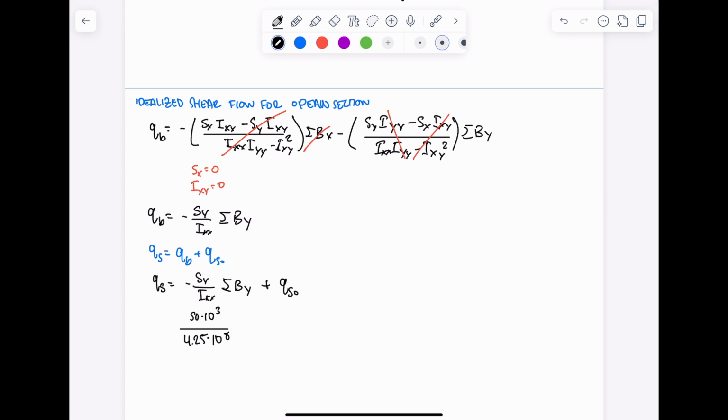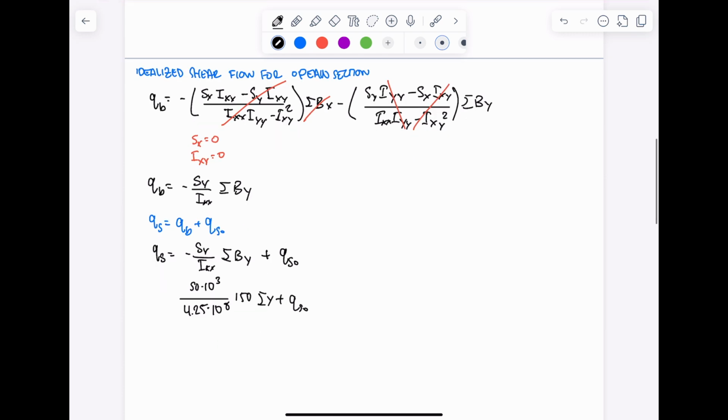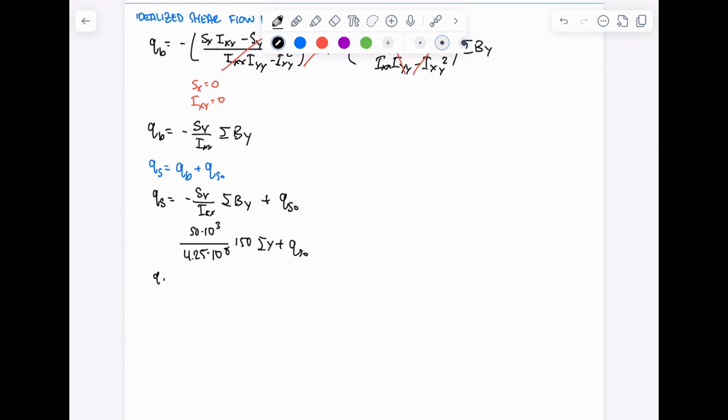And again, we know that the boom areas are all constant, so we can factor that out: 150 times the sum of y plus QS naught. If we just solve for this, QS is equal to 10.018 times y plus QS naught.